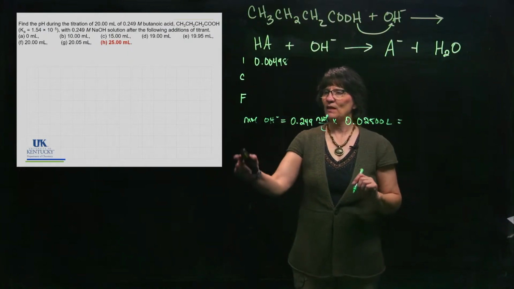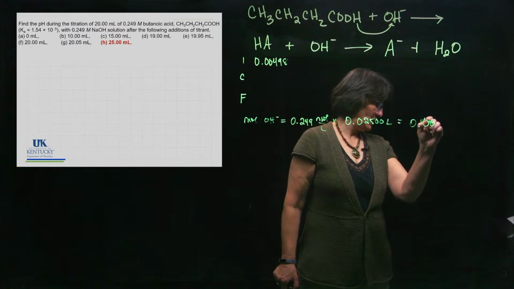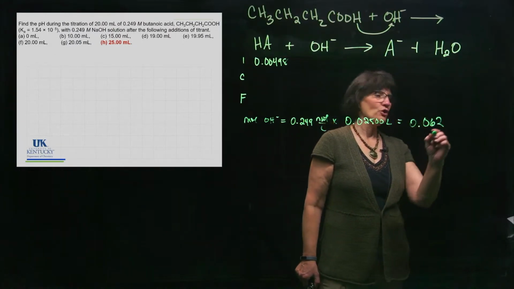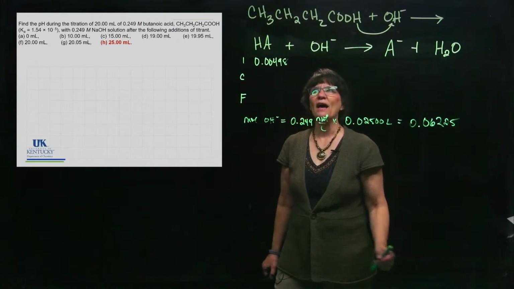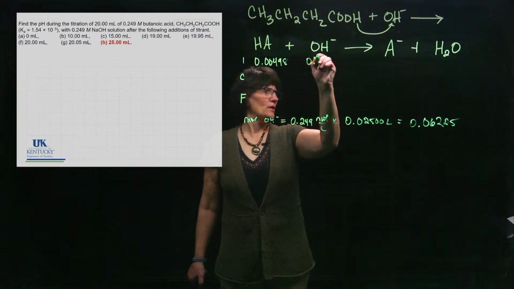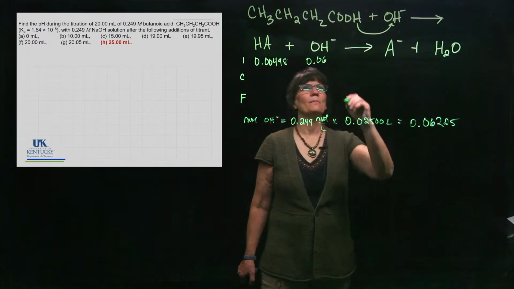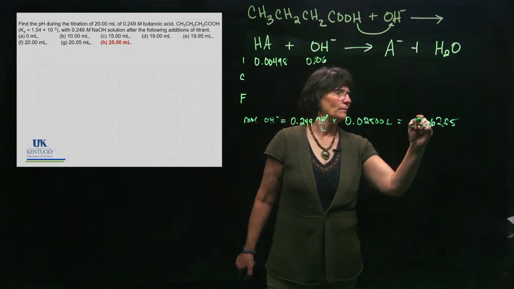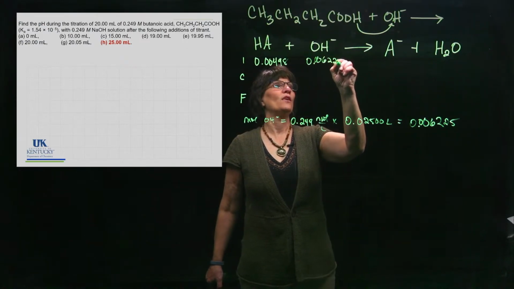And that's going to give me the moles of sodium hydroxide, which is 0.06225. Okay, so now we can plug that value into my table, 0.06225. I think I'm missing a 0. I am.